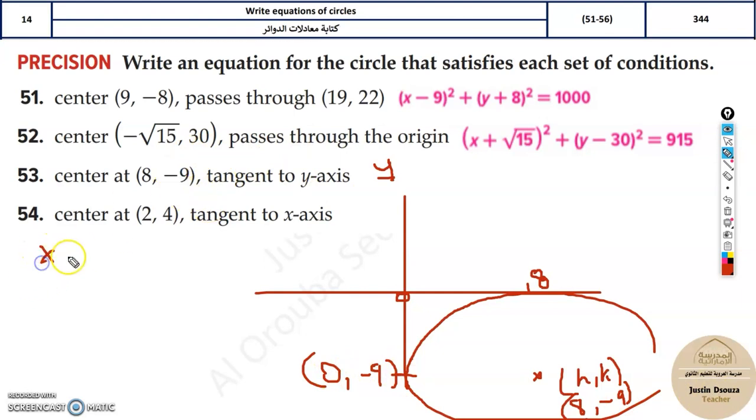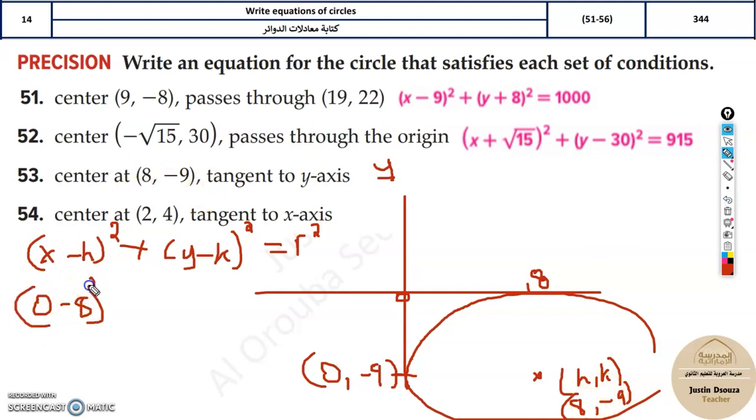x minus h the whole square plus y minus k the whole square equals r square. Now over here, what is x? x is 0. Minus, what is h? h is the center. It is given over here as 8 in the question, so minus 8 the whole square plus, what is y? y is minus 9.